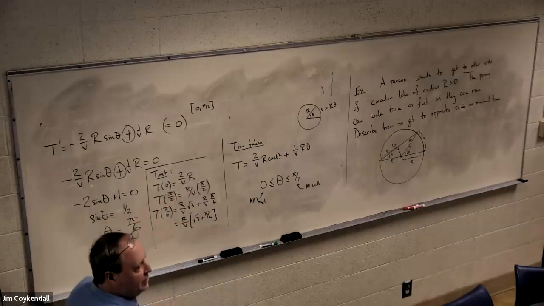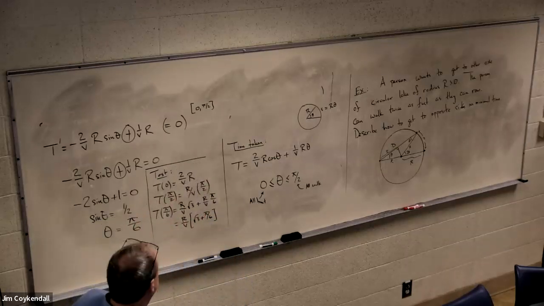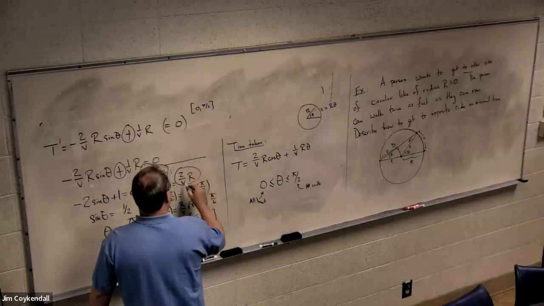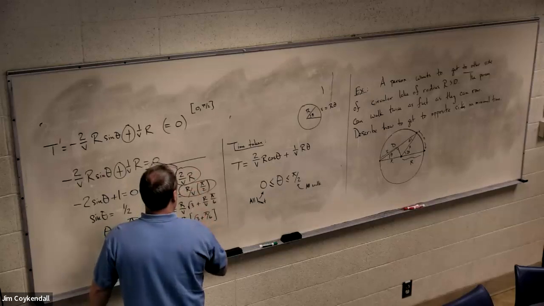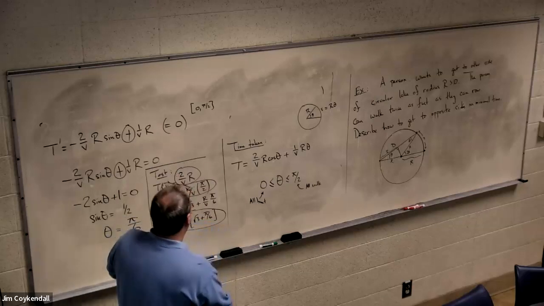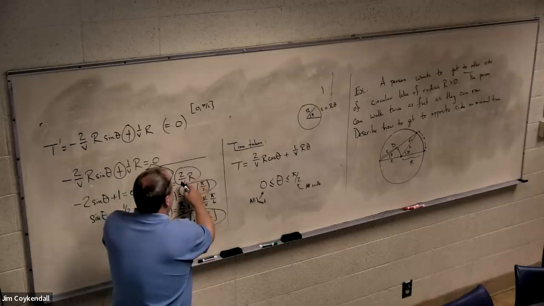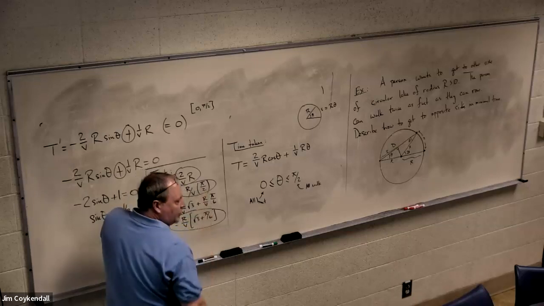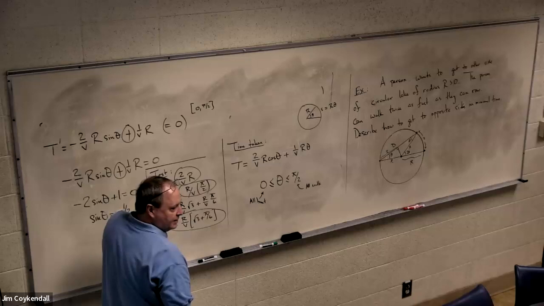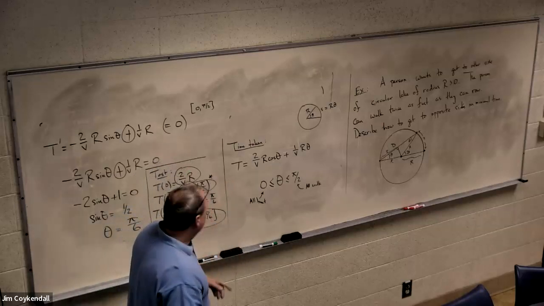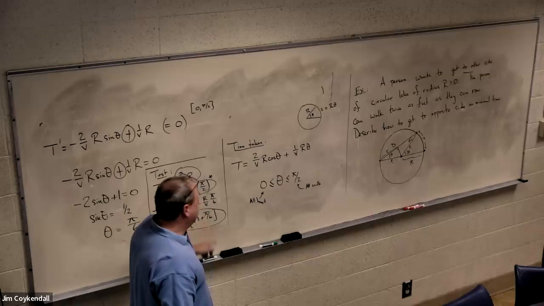Can anybody tell me what the person should do to minimize time? This is r/v times 2. This is r/v times pi over 2. Which one's smaller? Agreed. This one's winning so far because it's a shorter time. Pi over 2 versus this thing. Can you tell?